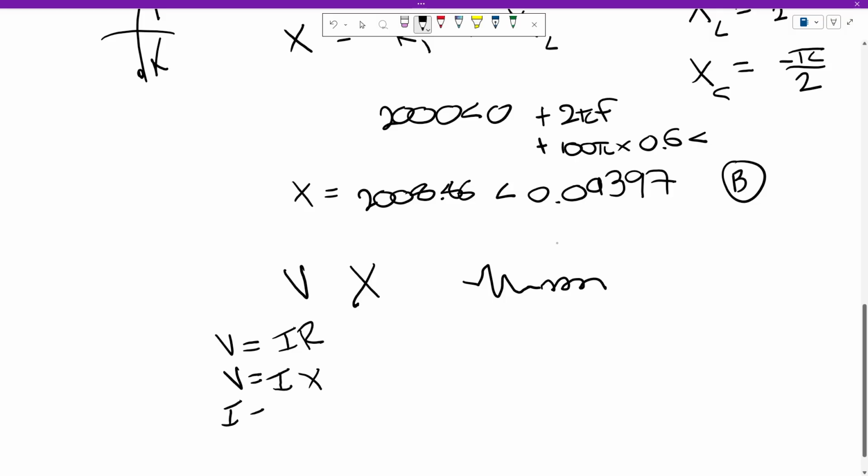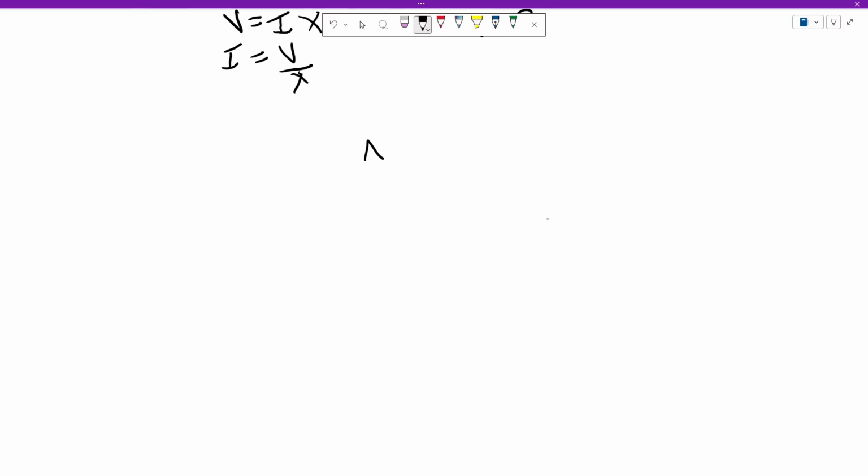So the current flowing through them will just be V over X. And we have V saved as A and X saved as B. So you can just recall that from your calculator and go A over B, which is 1619 something at an angle of minus 0.879. So this is the current that will be flowing through the resistor and the inductor.